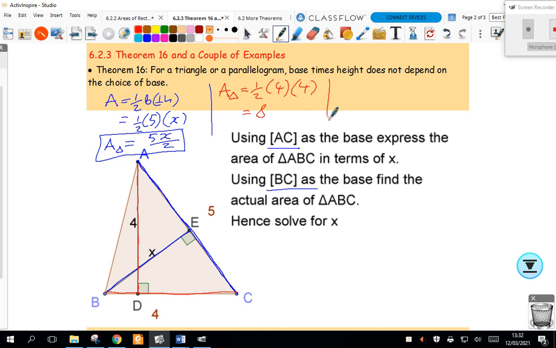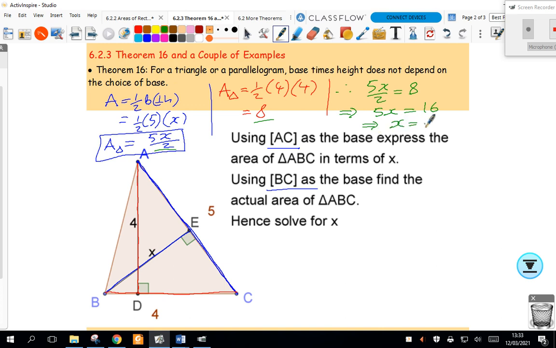The key detail to understand is that it doesn't matter what base I use, the area doesn't change. So the area I calculated here should be the same as the area I calculated here. So 5x over 2 must equal 8. Multiplying on both sides by 2, 5x is 16.